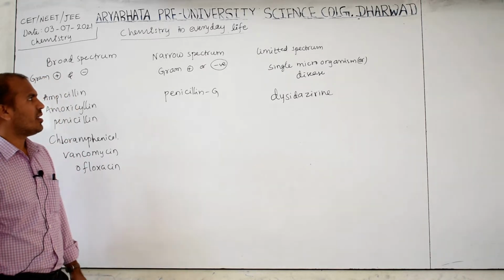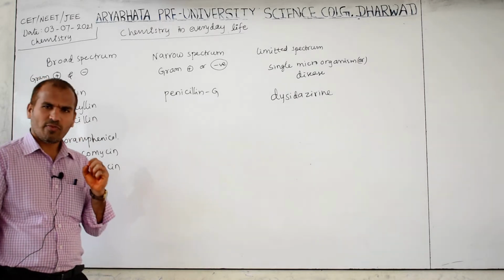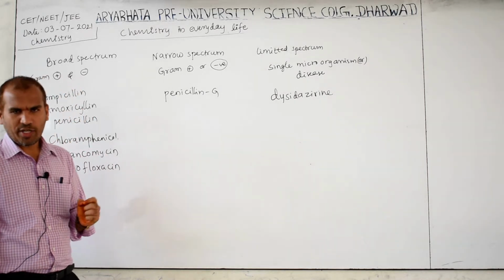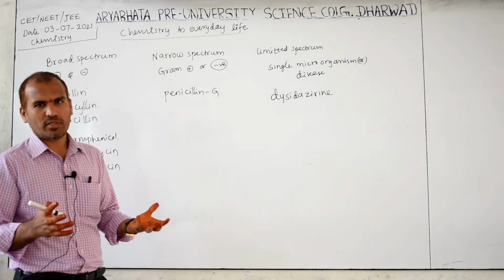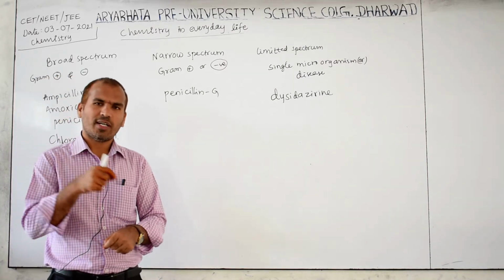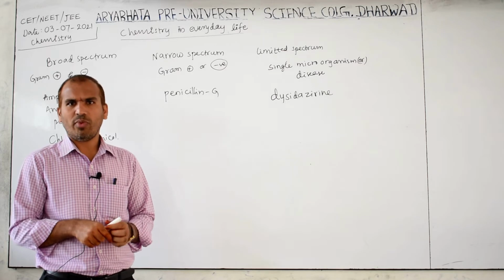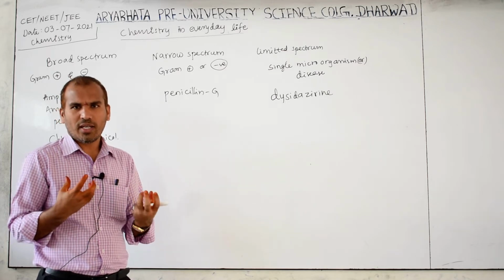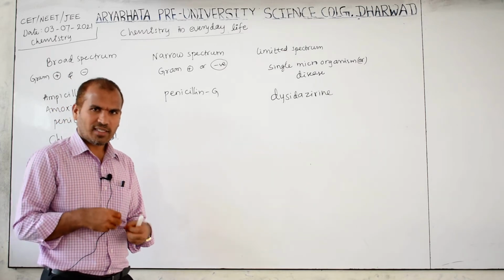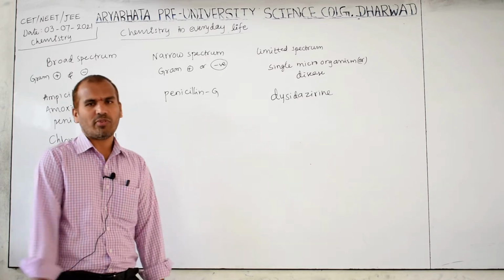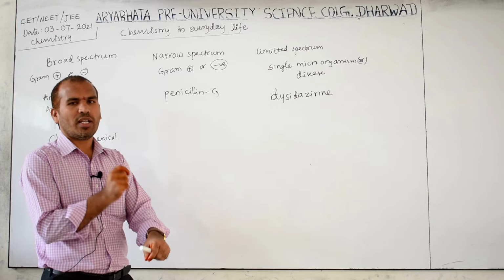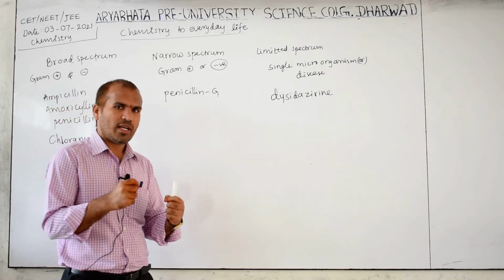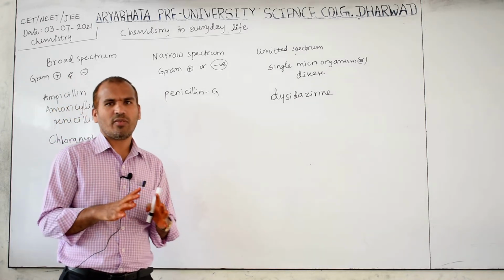One more thing: penicillin is one of the important antibiotics, but some people are sensitive to it, because when it is administered into the body it may give irritation, rashes or other side effects. Therefore first we inject a little into the body and check; if any side effect is there, then don't give.